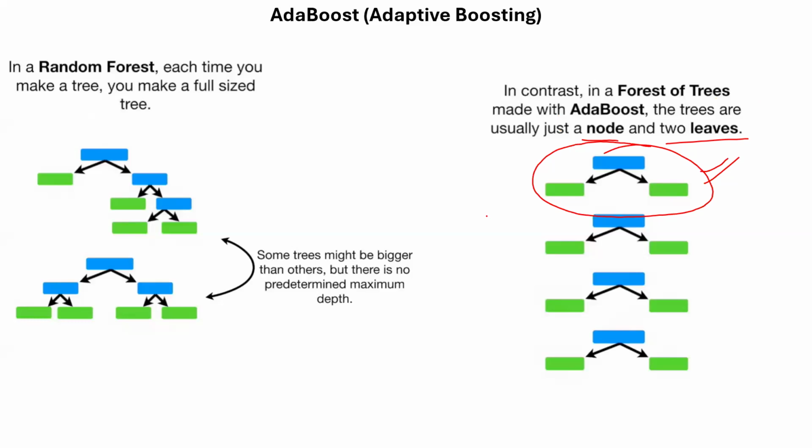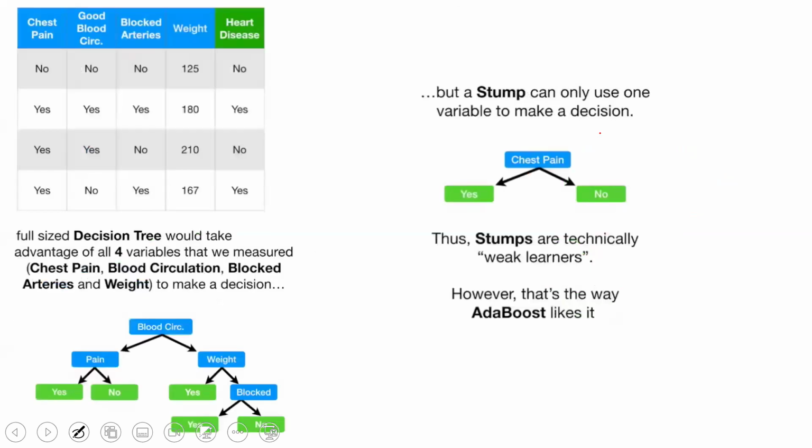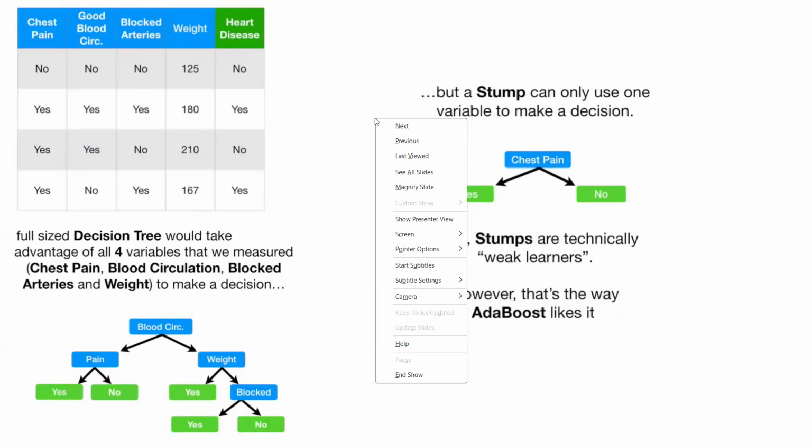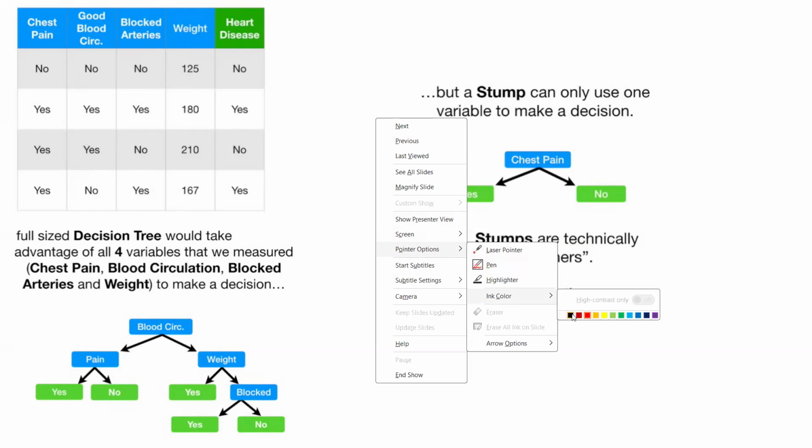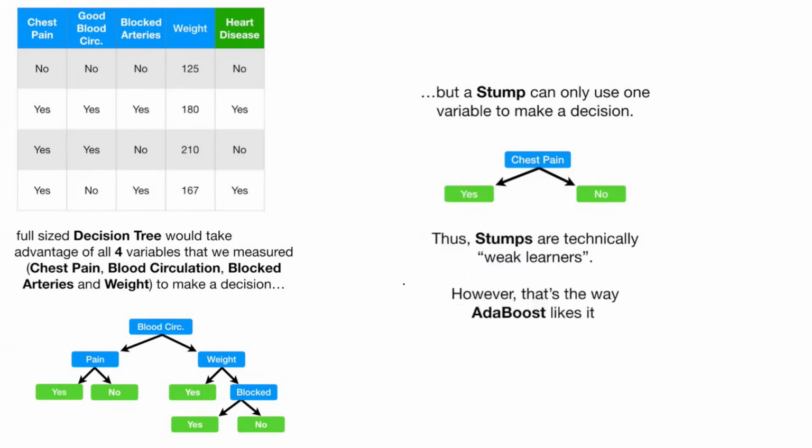Okay, so this is basically a tree, but this tree has just one node and two leaves. Such a kind of tree is called a stump. If you go back here and take this particular example, you have four columns. The first column is chest pain, the second is good blood circulation, and then blocked arteries and weight are the dimensions that are given.